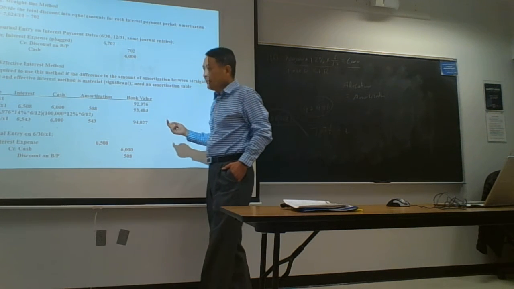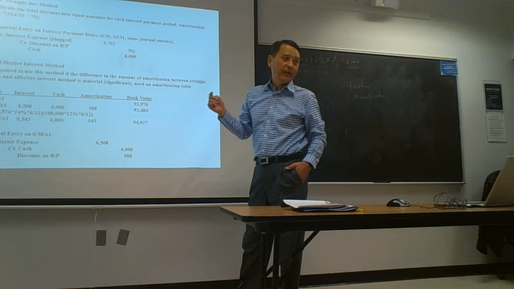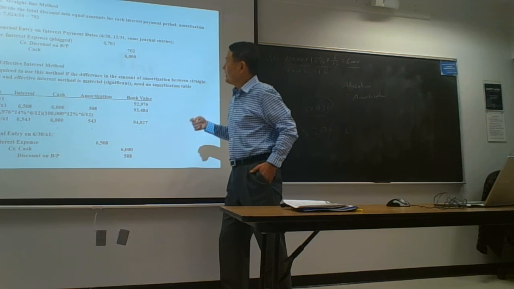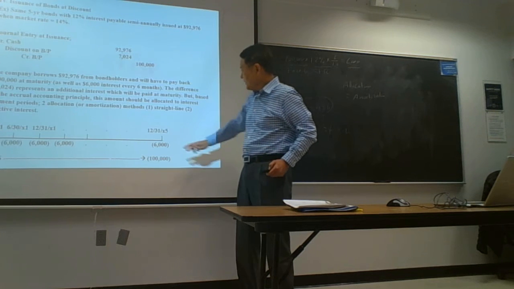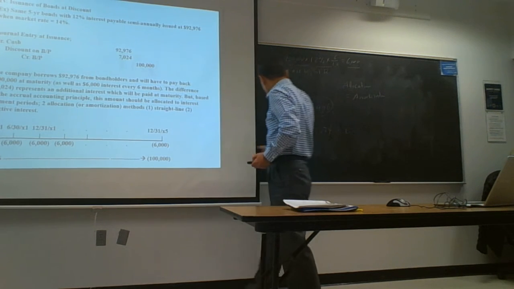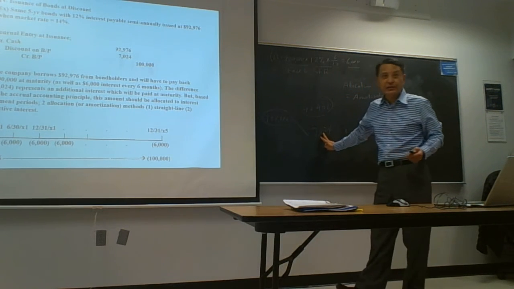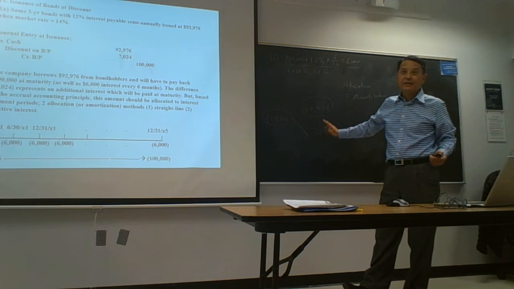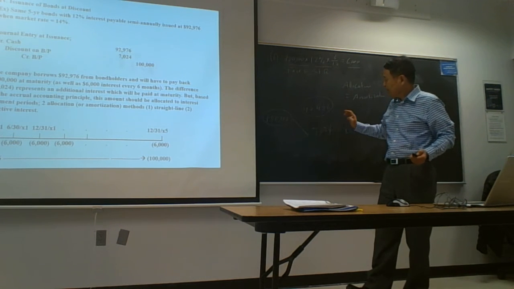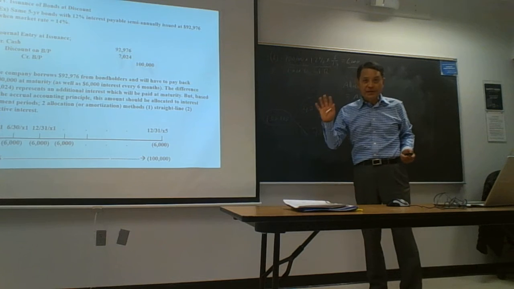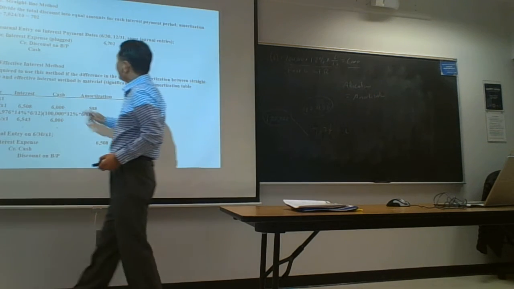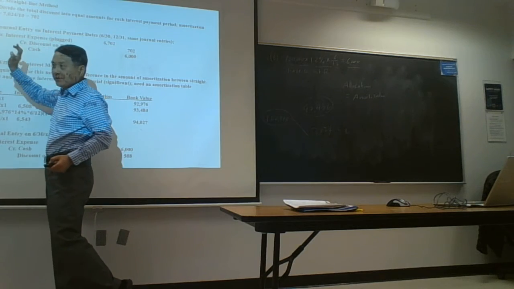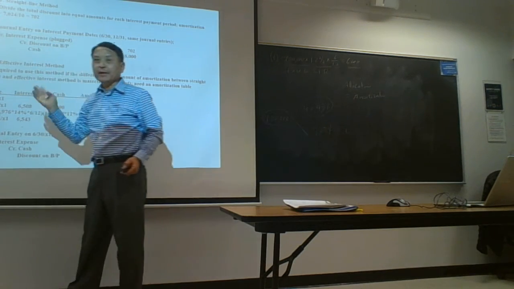So every 6 months, this company will incur additional interest of 702. This is regular interest, and 7,024 is additional interest for 5 years, right? So additional interest for 6 months would be $702.